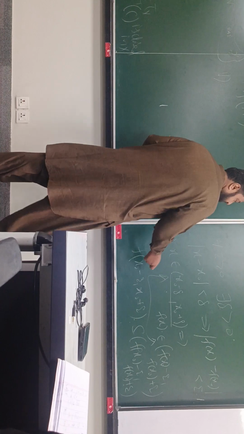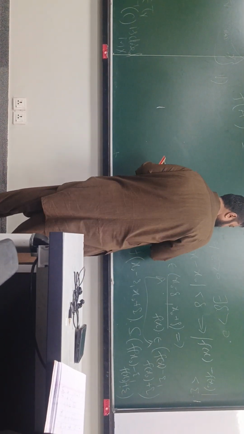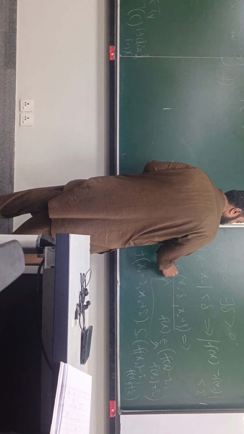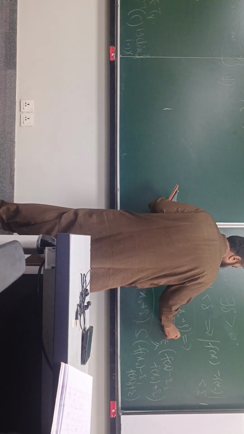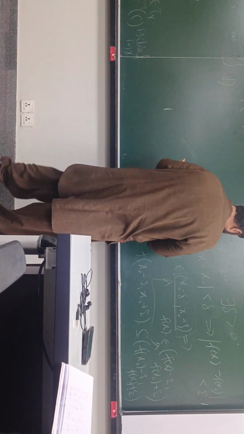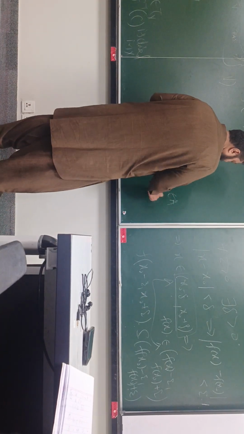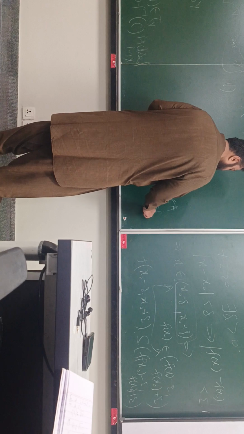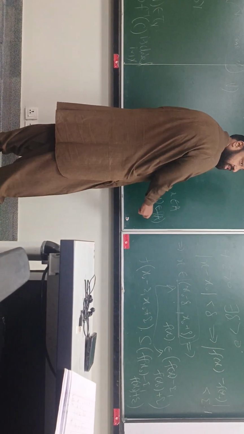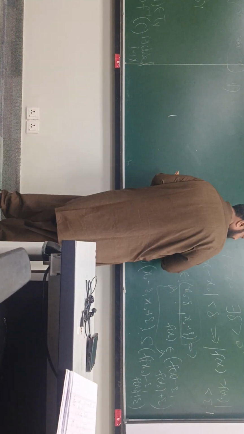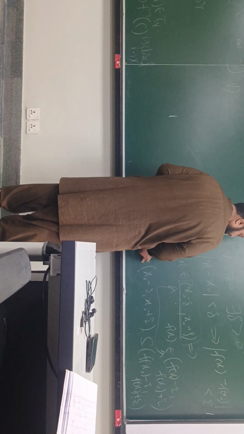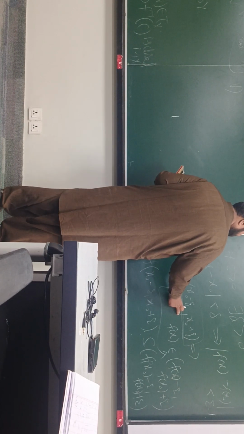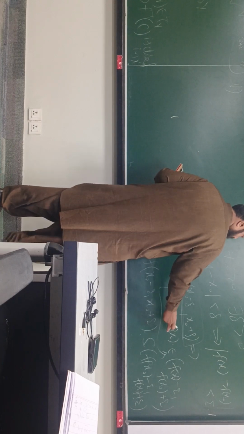Think about it. Okay, again, if you take x from here, where will f of x be? It is going to be in the image of it. Otherwise, if you pick an x from A, where is f of x going to be? It is going to be in the image of A. So if I pick an x from here, it's going to be inside the image of it. And then we are saying that that f of x, which is inside the image of this set, is also in this interval.